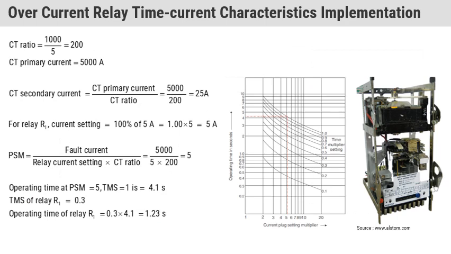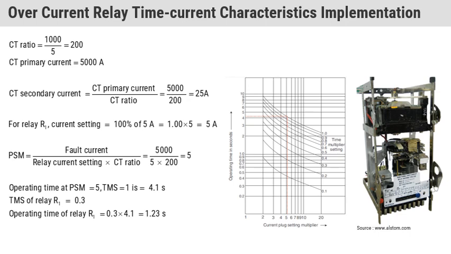From the CT ratio, the CT secondary current can easily be found as 5 ampere, and for relay R1 we have 100% of 5 ampere, so the same current, 5 ampere. Calculate the PSM by using the formula, and for PSM equal to 5 we have TMS 1 and an operating time of 4.1 seconds, and the TMS for relay R1 is 0.3 by using this graph.